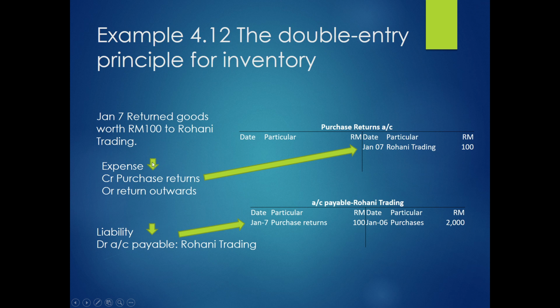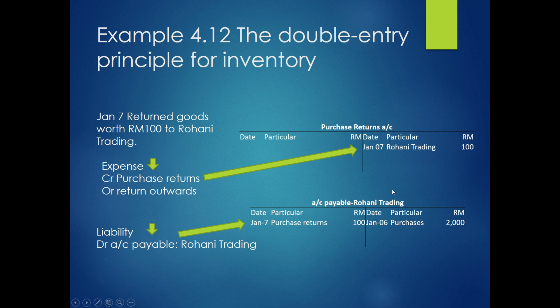Another effect is when the business returns the goods to Rohani Trading, the amount of the liability decreased by 100 ringgit. So liability decrease should be debit to account payable Rohani Trading.